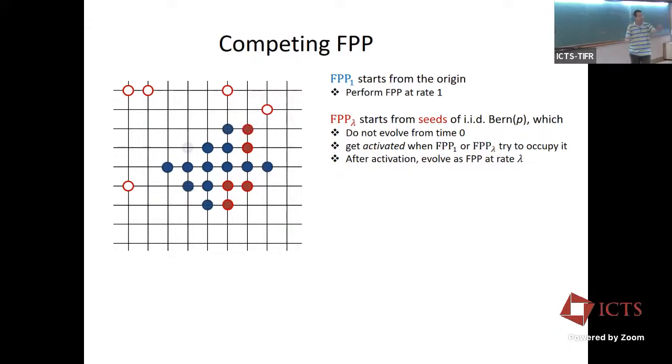Each site gets occupied by the type that gets to it first and never changes type afterwards, it just remains there. So the two processes compete for space. So a very simple, natural first passage percolation with competition.